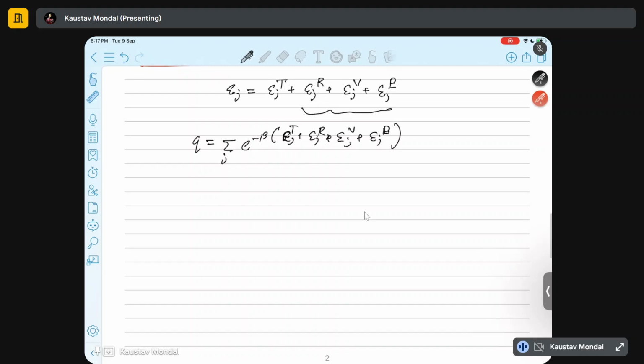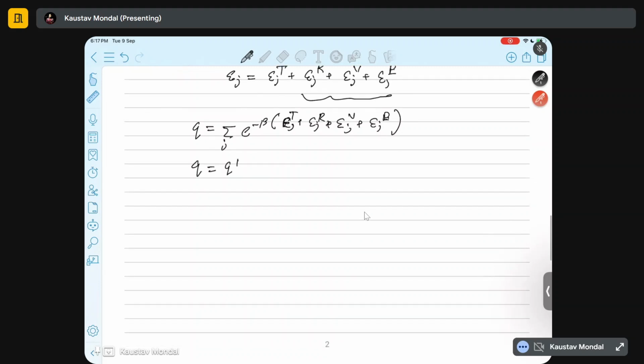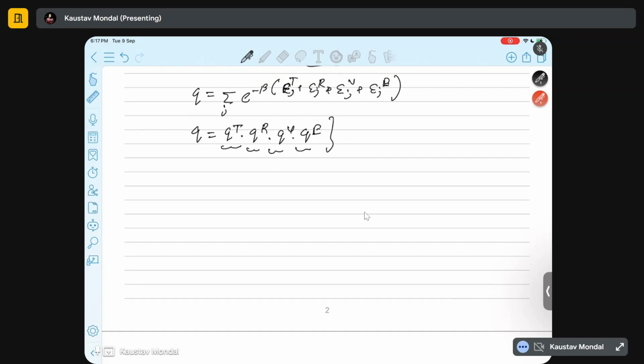That means you can write the partition function Q as Qt into Qr into Qv into Qe, where t is the translational, r rotational, v vibrational, and e electronic part. So these are the different parts. In the last lecture we discussed some about the rotational part.